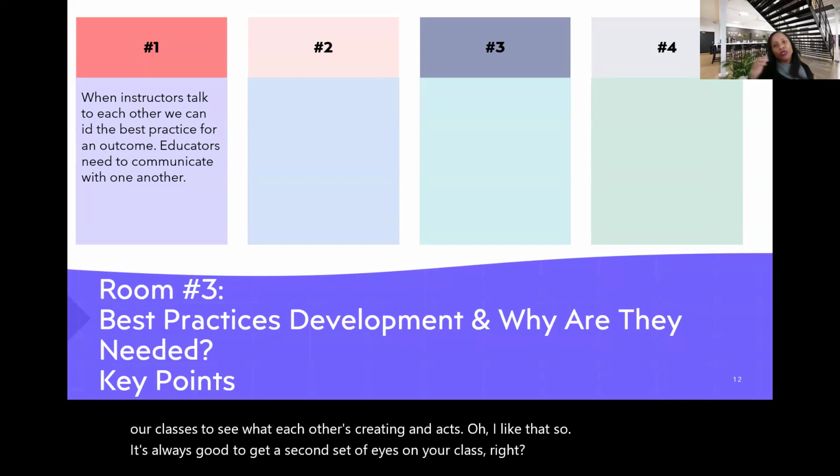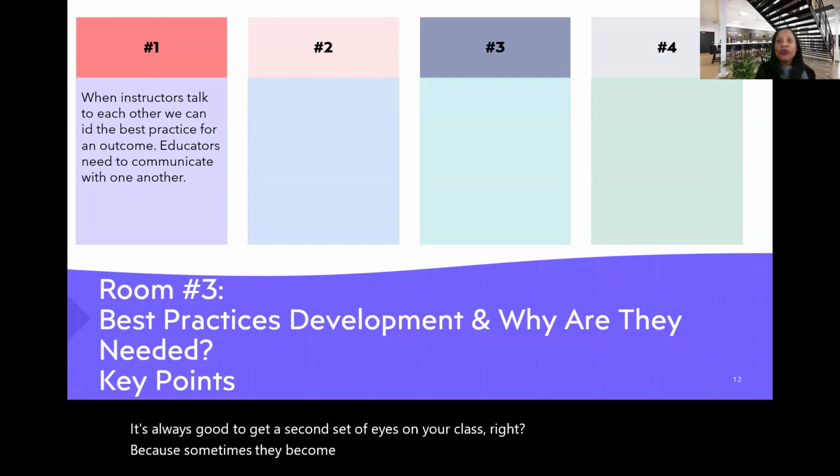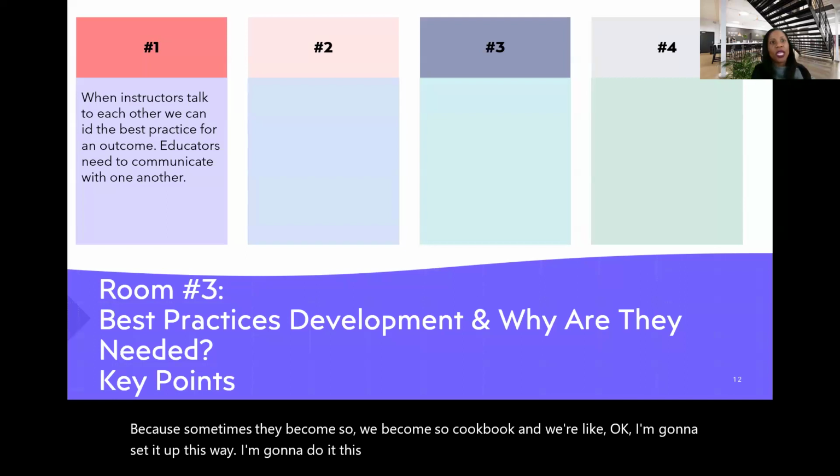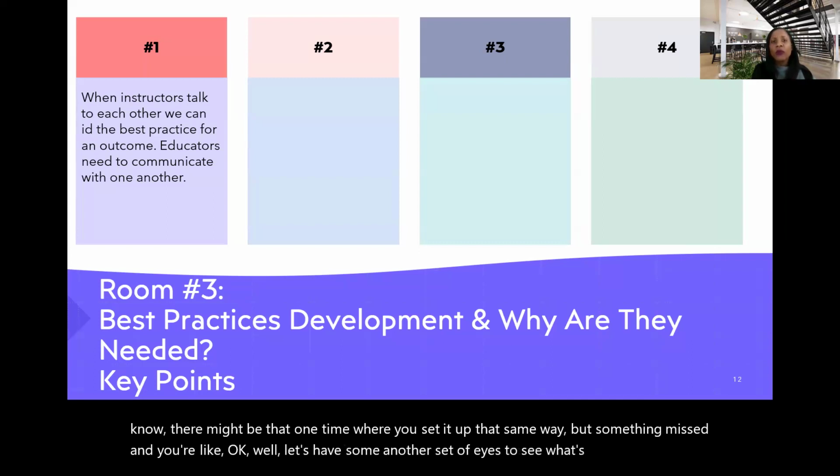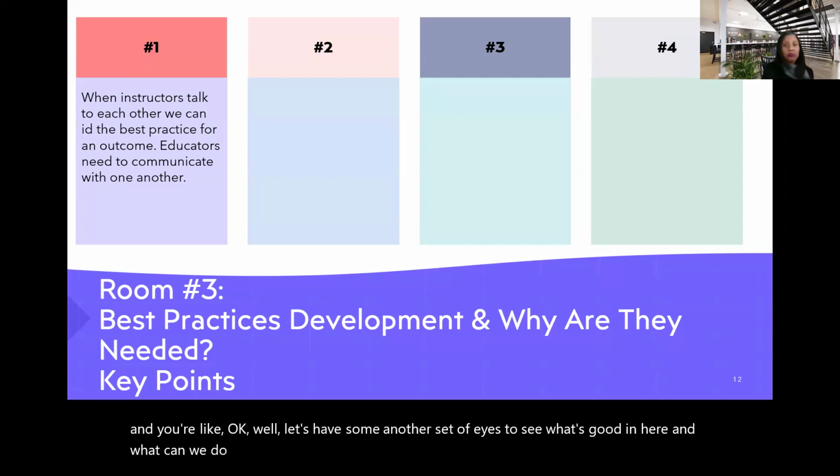Because sometimes we become so cookbook and we're like, okay, I'm going to set it up this way, I've been doing it this way, and it works. But there might be that one time where you set it up the same way, but something is missed, and you're like, okay, let's have another set of eyes to see what's good in here and what we can do.